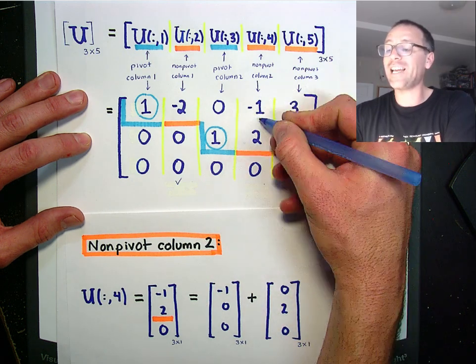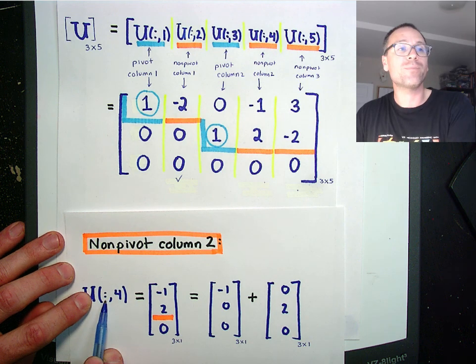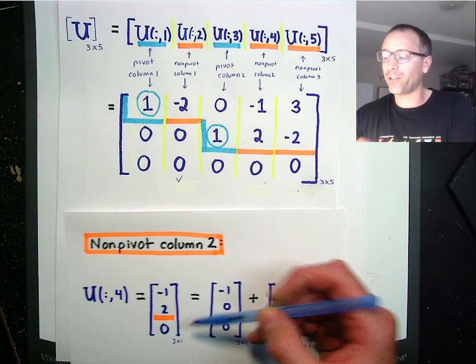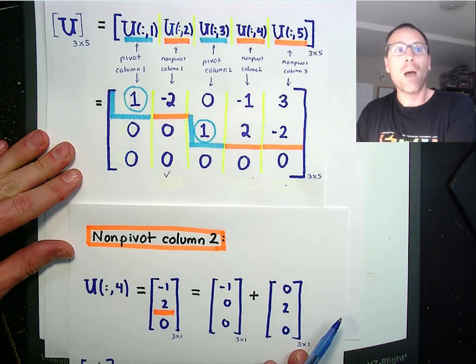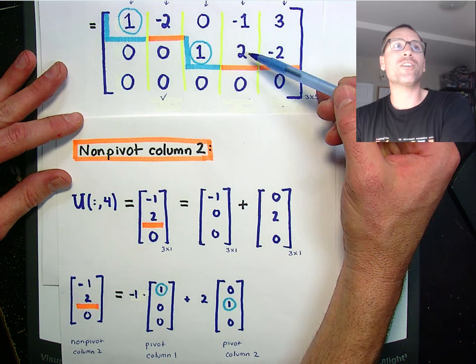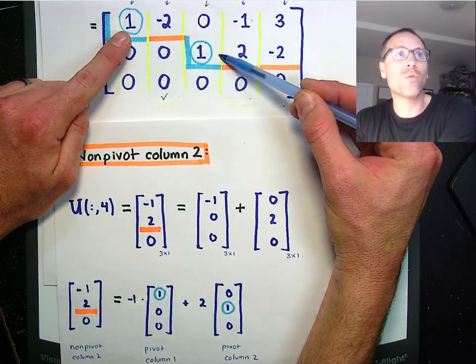Let's go on to the second non-pivot column. We see that the fourth column of our matrix, which is -1, 2, 0 as a 3 by 1 column vector, is equal to -1, 0, 0 plus 0, 2, 0, both column vectors. But with the stair-step structure, these 2 entries map back to the original pivot columns.